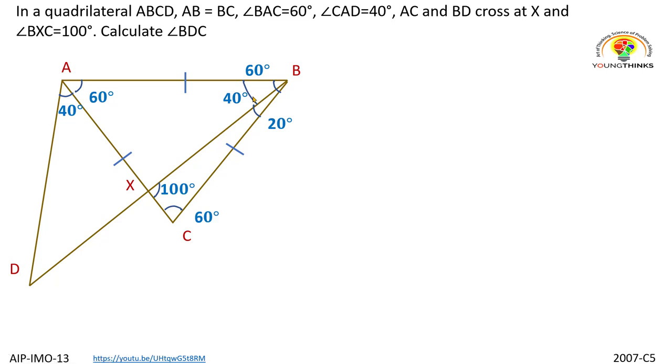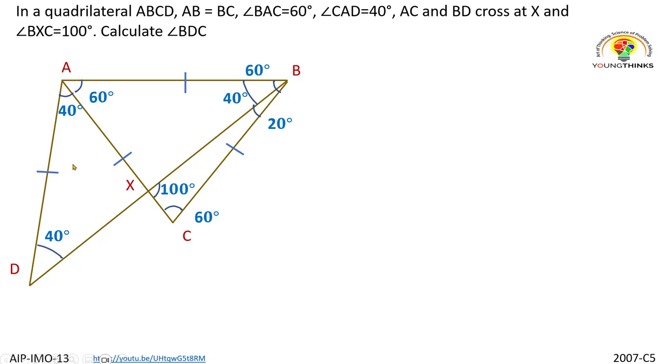Now in the larger triangle ADB, this is 100, this is 40. Collectively, this angle and that angle is 140, which means the third angle is going to be 40 degree as well. That makes this large triangle ADB isosceles with a 40 here and a 40 there, which means AB and AD are also equal.